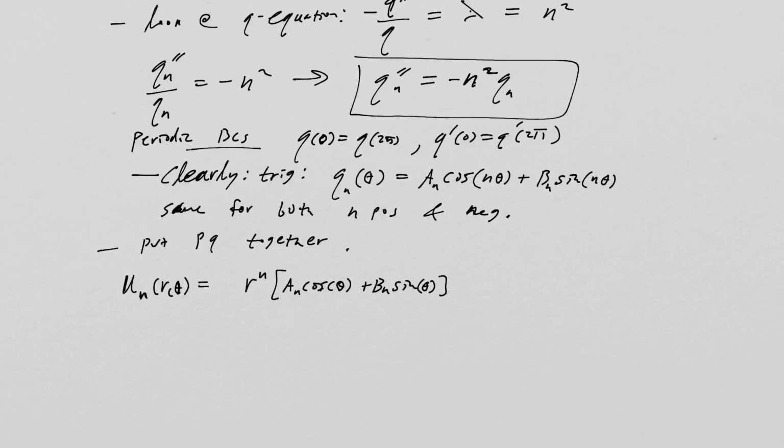Okay, and that's going to be for n's that are positive, right? Then there's u0 of r comma theta, which is going to be equal to a0 plus b0 natural log of r, because those are the two eigenfunctions for the 0 case, and that's for n equal to 0.